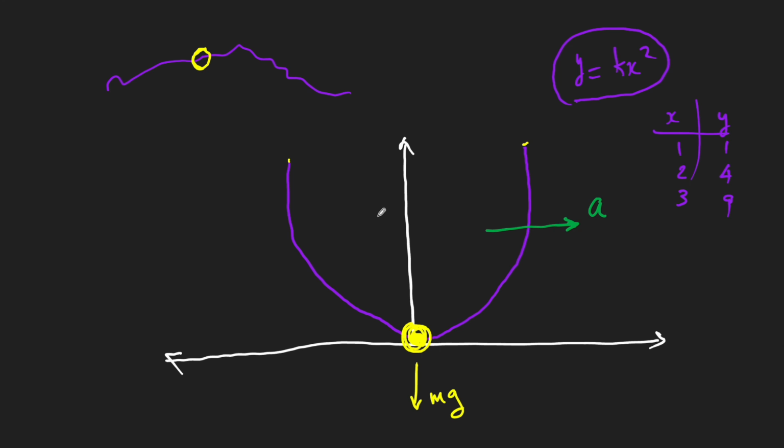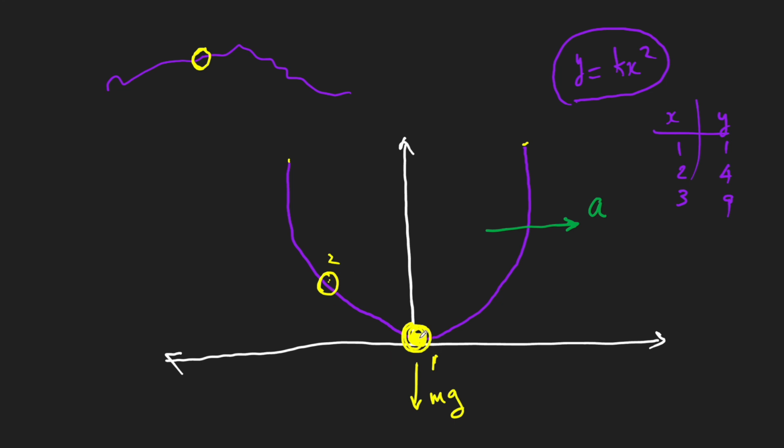Right now, when you move it with an acceleration towards the right, the bead must have moved to some location here. This was its initial position, and now it is here, because the entire system got accelerated, so it found a new equilibrium position.